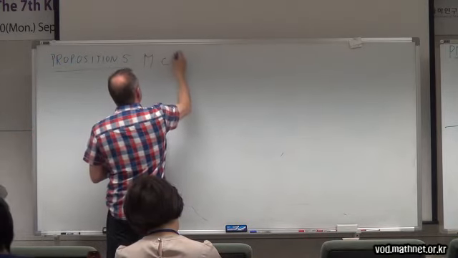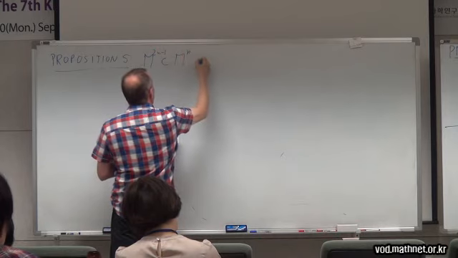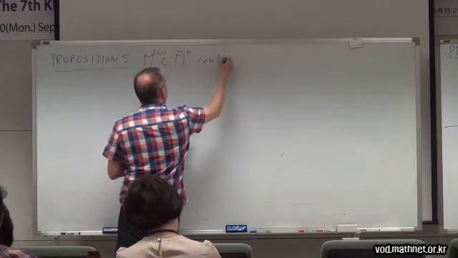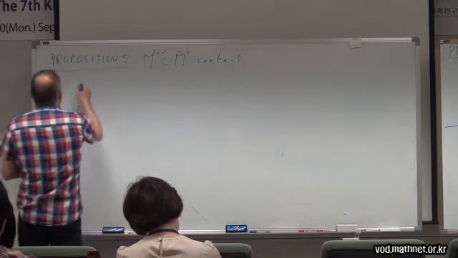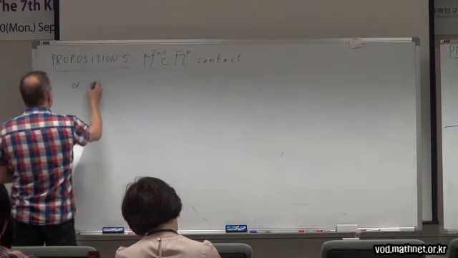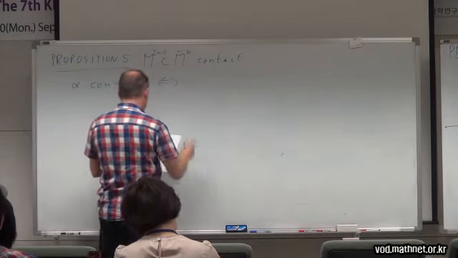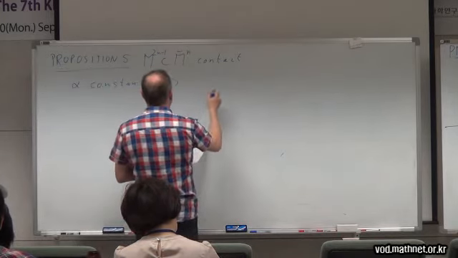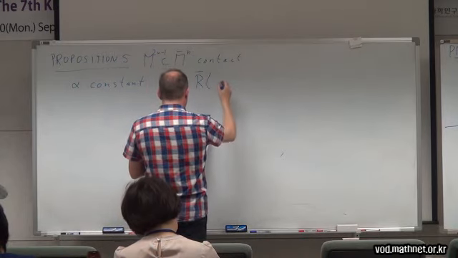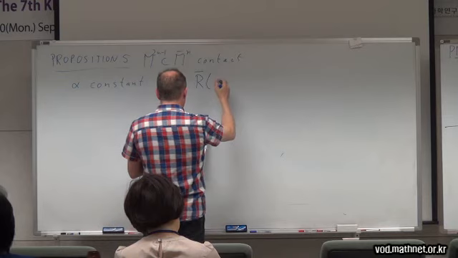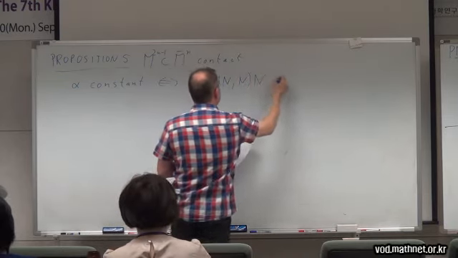We have the usual assumption: contact. Then alpha is constant precisely if Jn is an eigenvector of the normal Jacobi operator at every point.